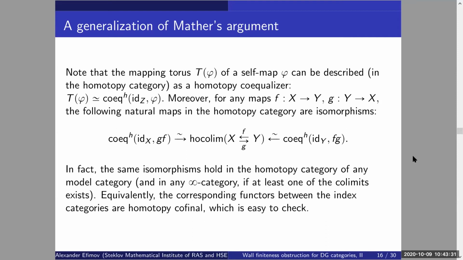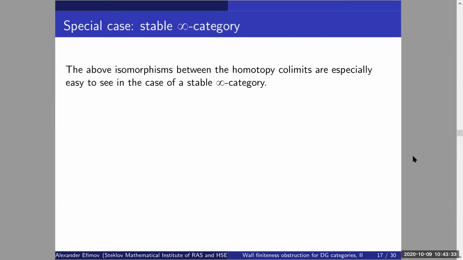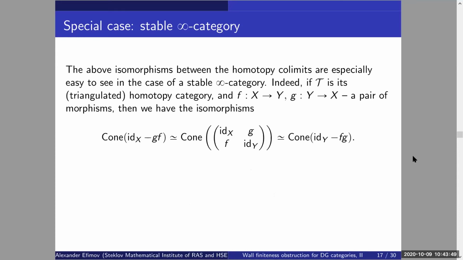Okay, and now the special case, which is probably familiar to everyone, is the case of a stable infinity category. You can safely assume that it's just a triangulated DG category. So if we take its homotopy category, which is triangulated, and take a pair of morphisms in opposite directions, then we have this isomorphism between cones.